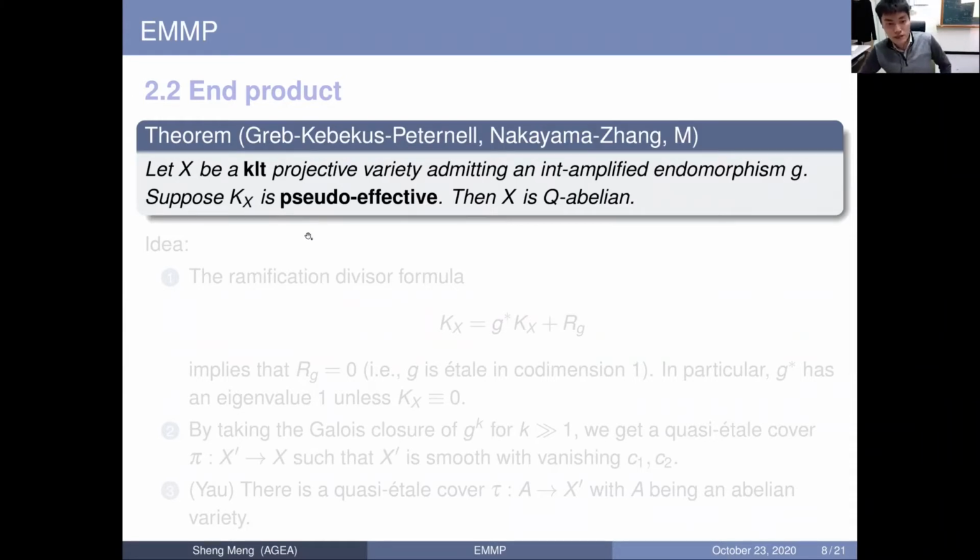However, with our dynamical assumption, it is already good enough, because this theorem tells us that if X is a KLT projective variety without Q-factorial assumption, admitting an int-amplified endomorphism, and suppose the canonical divisor is pseudo-effective, then X is Q-abelian, meaning that it is a quasi-étale quotient of some abelian variety. This is a combination of work by Greb, Kebekus, Peternell, Nakayama, and Zhang, and I generalize it to the int-amplified case.